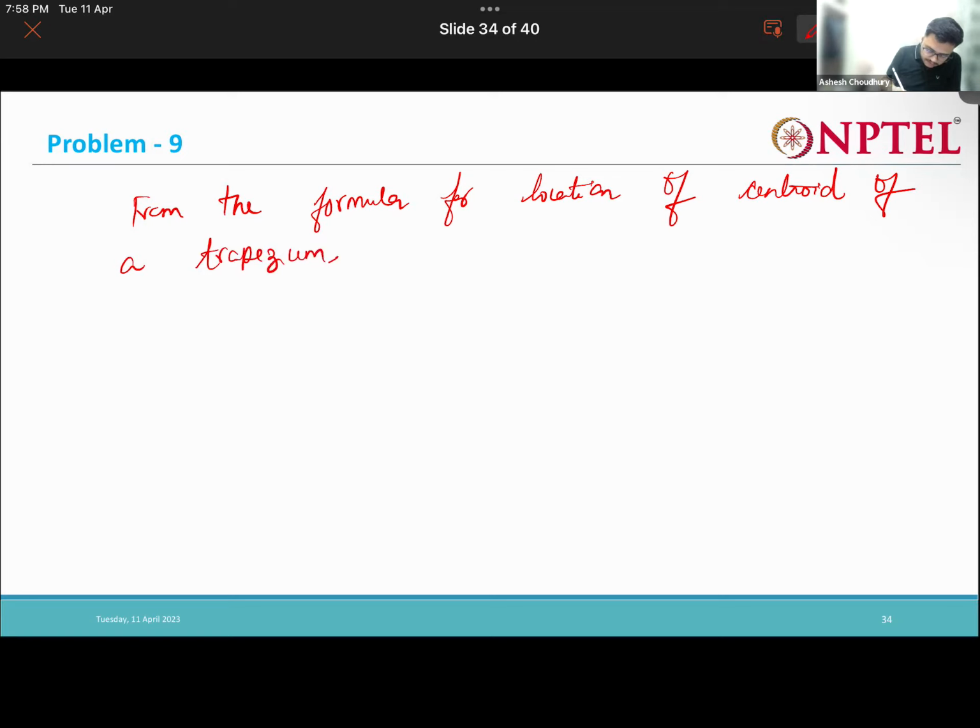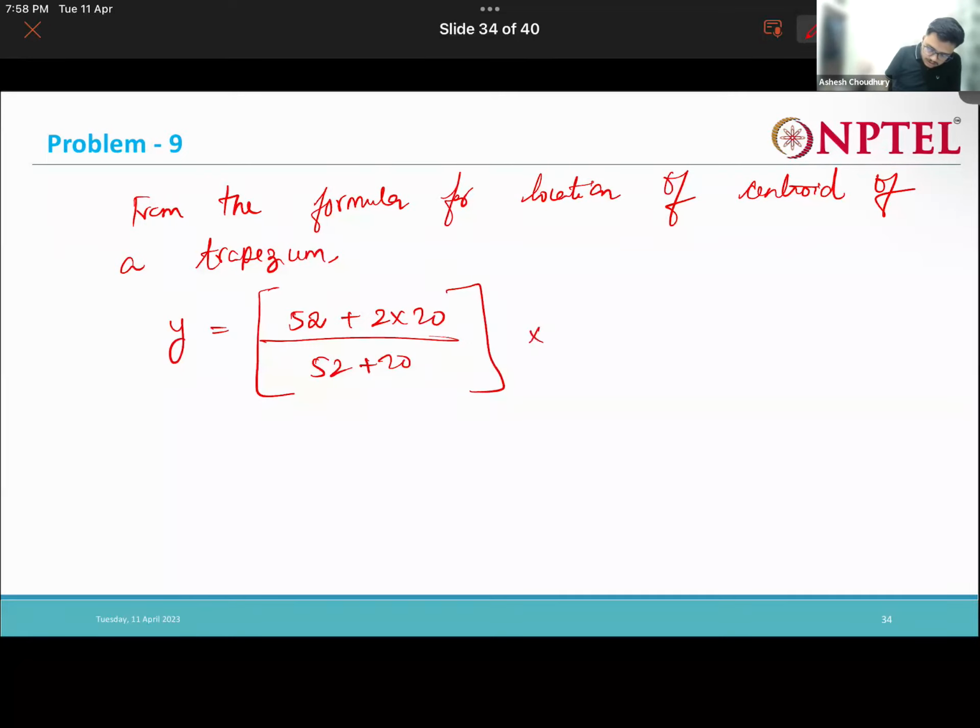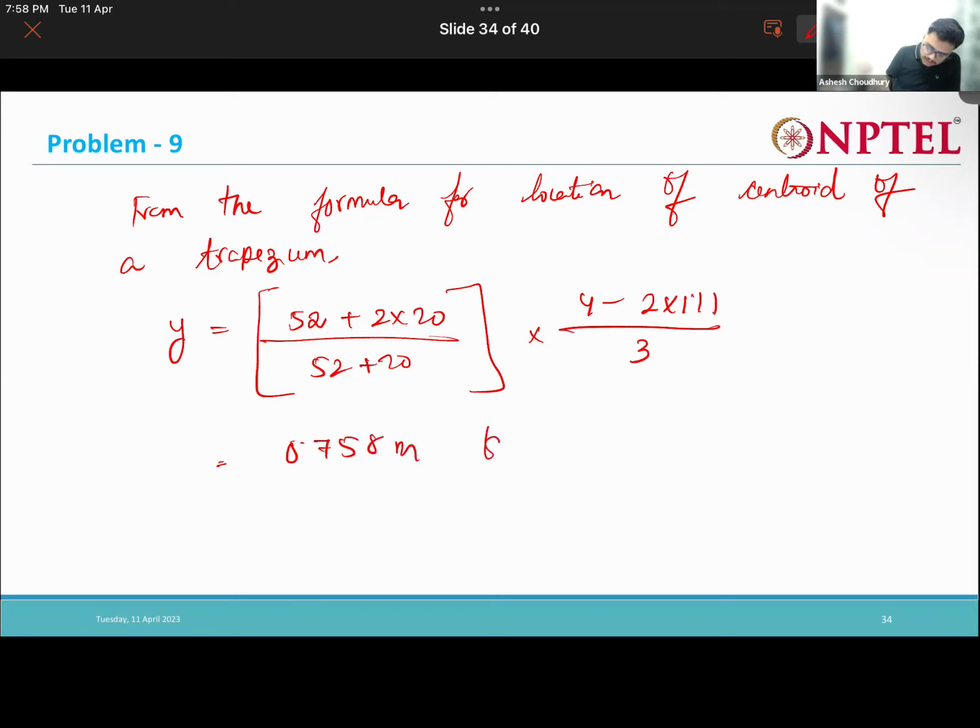We can have y is equal to 2 plus 2 by 2 plus 22, so 0.758 meter from the base.